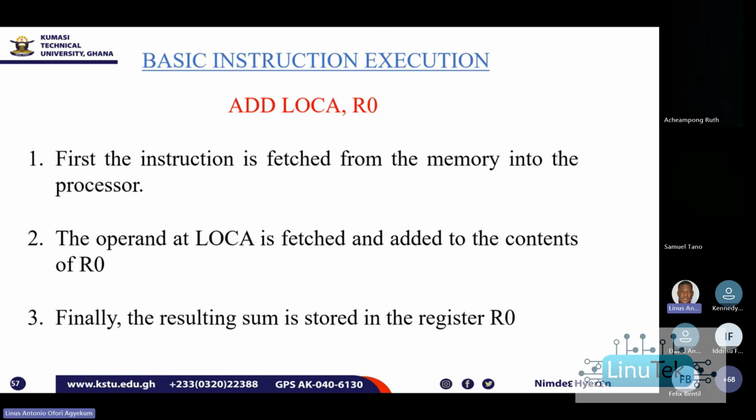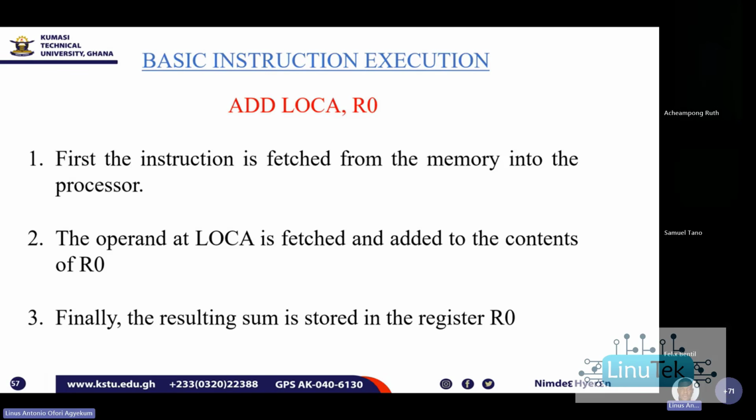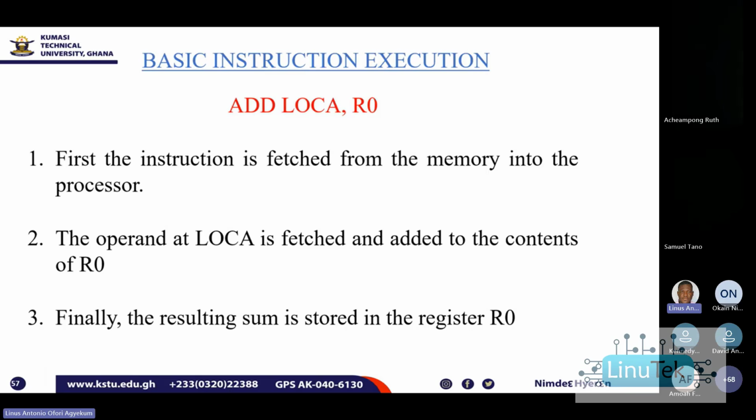What it means basically is that in location A, there are some operands there. And then we want to add these two operands together and store the results in a register. So this is basically just the explanation of instruction execution. I don't know if you get it now.